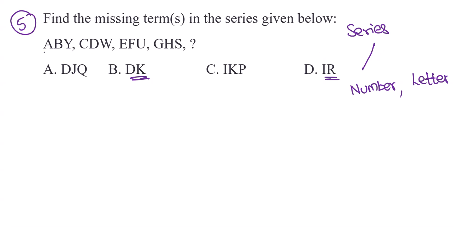First letters are A, B, C, D, E, F, G, H. You see the first two, it's a sequence, right? So A, B, C, D, E, F, G, H, I, J. Now focus on the last one. The last letter is nothing but Q. So we'll get I, J, Q it seems.